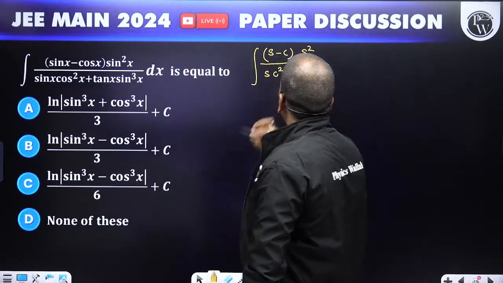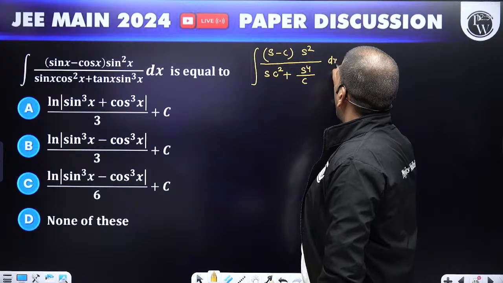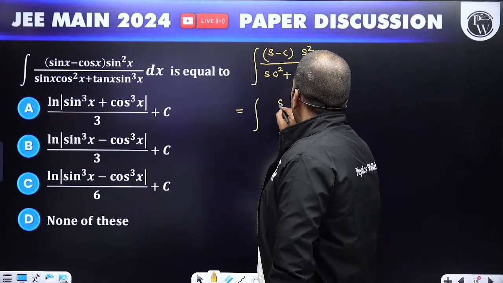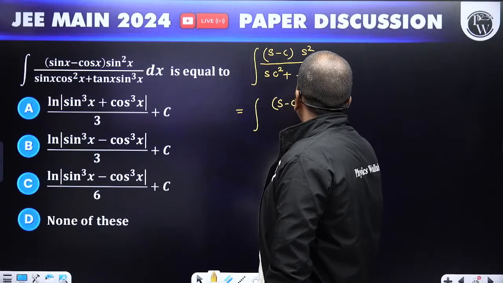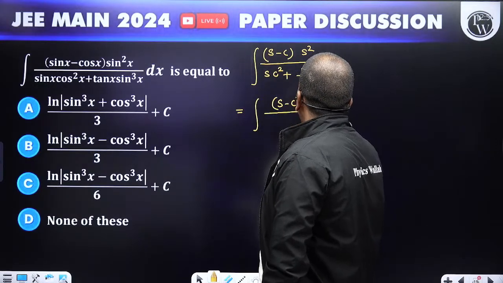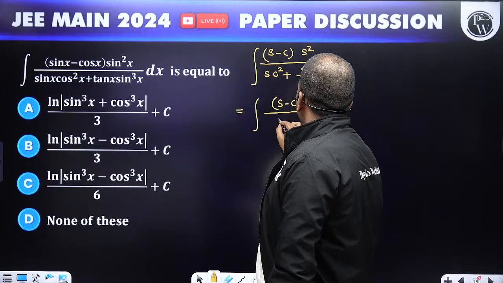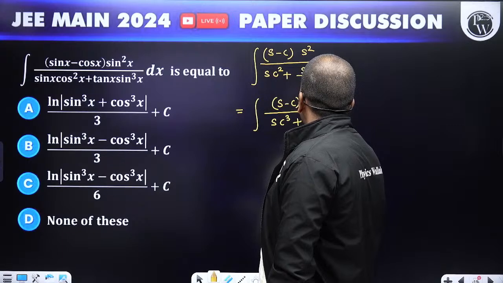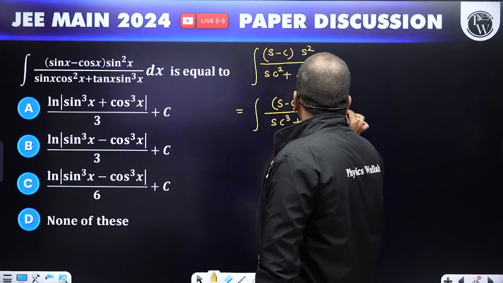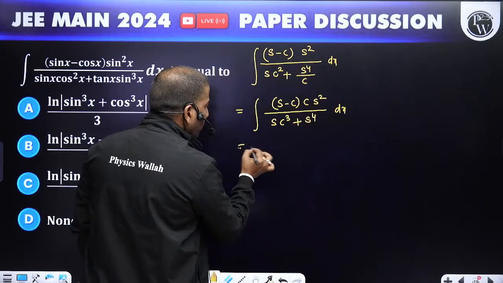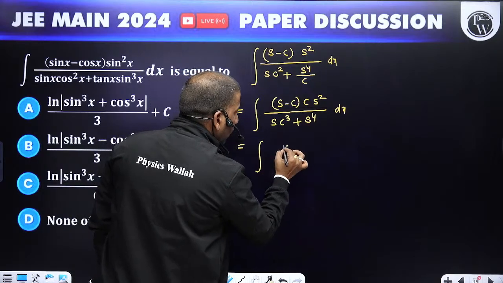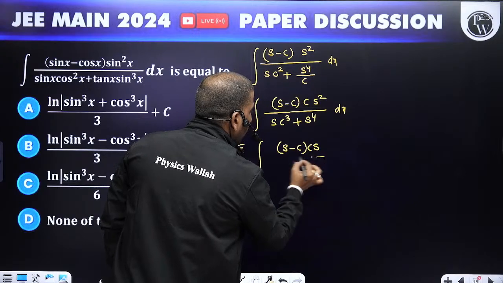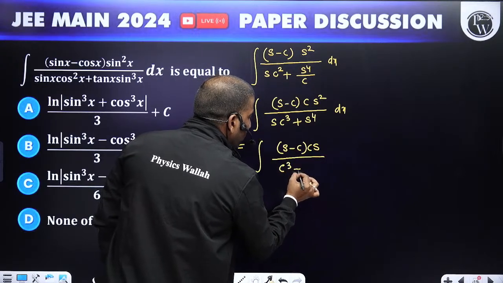So the integral of s minus c, this will become cs square by sc cube plus s power 4. This is what it is. I think we can cancel one s, right? S minus c, s square cs by c cube plus s cube.